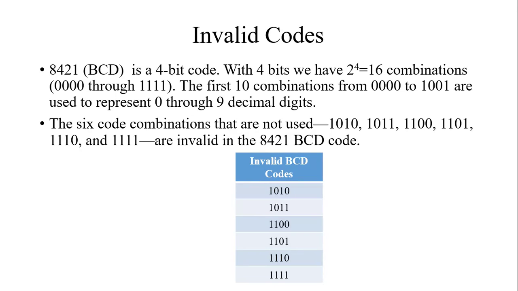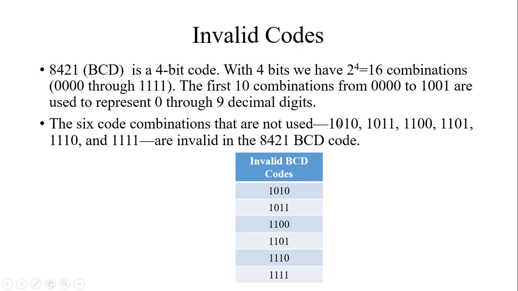Invalid codes in BCD. BCD is a 4-bit code, and we have seen that an n-bit code represents 2 raised to power n symbols. So the maximum number of symbols that can be represented by BCD is 16. So in the first 10 combinations we represent decimal digits, and the remaining six combinations are invalid codes. They do not represent any digits.